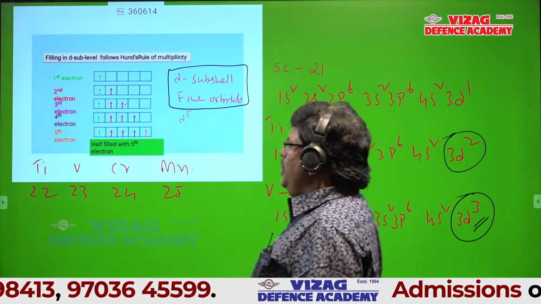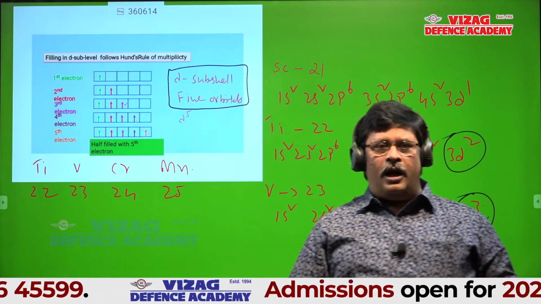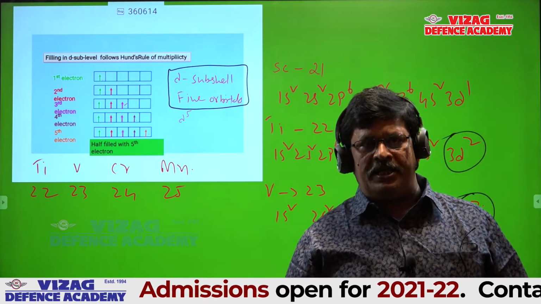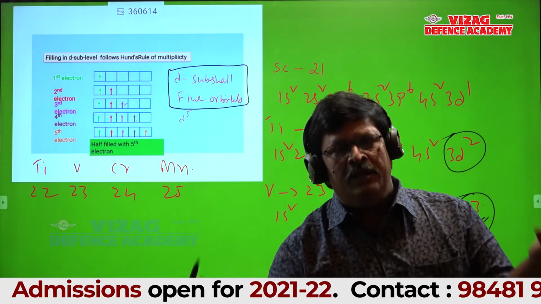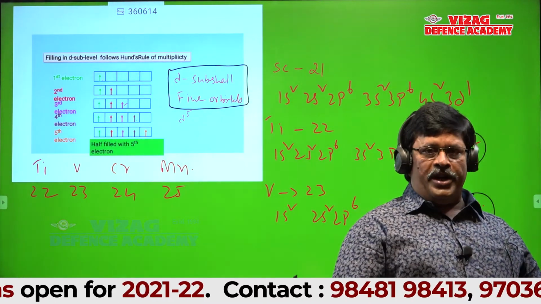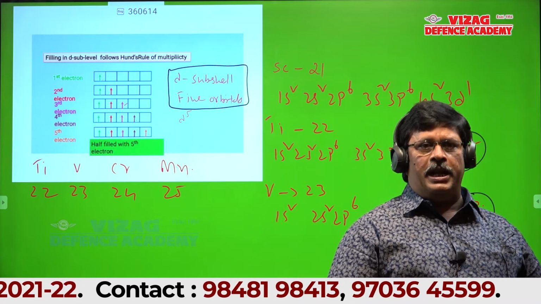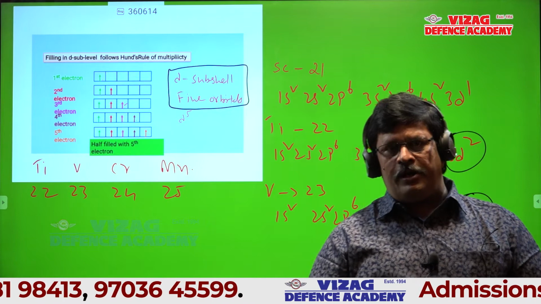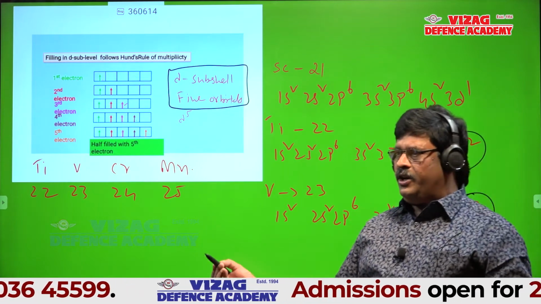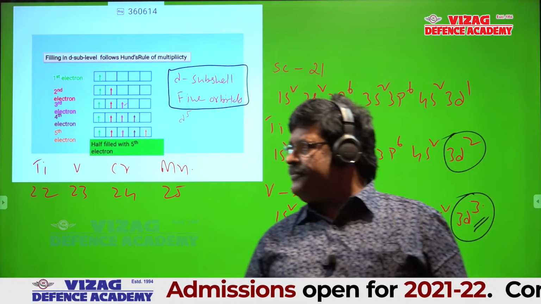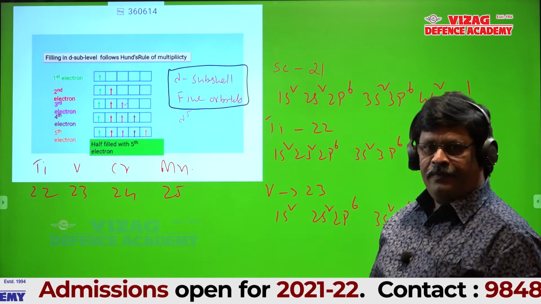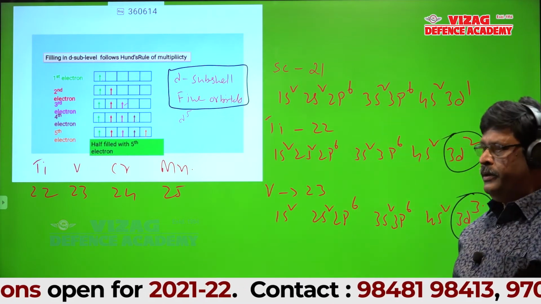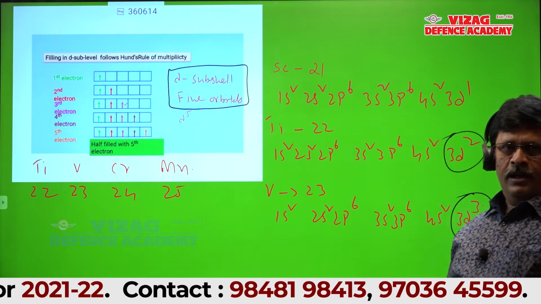All the five orbitals in the d subshell are degenerate. What it means is all the 5 d orbitals in the same subshell have the same energy. Same energy orbitals are called degenerate orbitals. Is it okay?